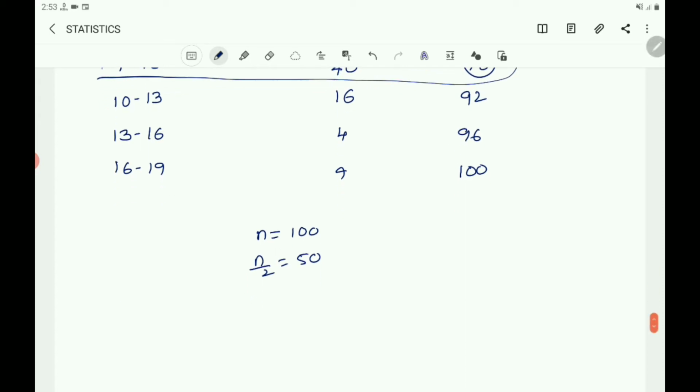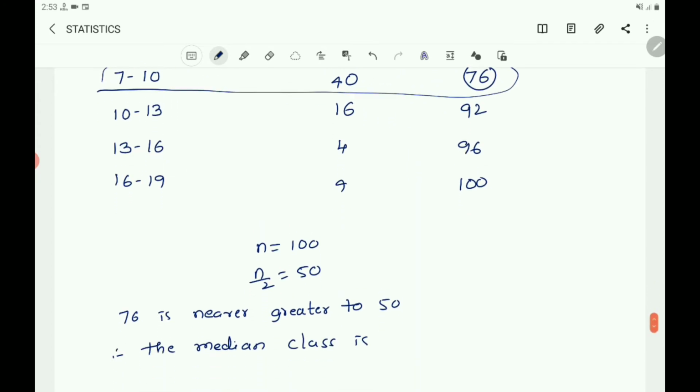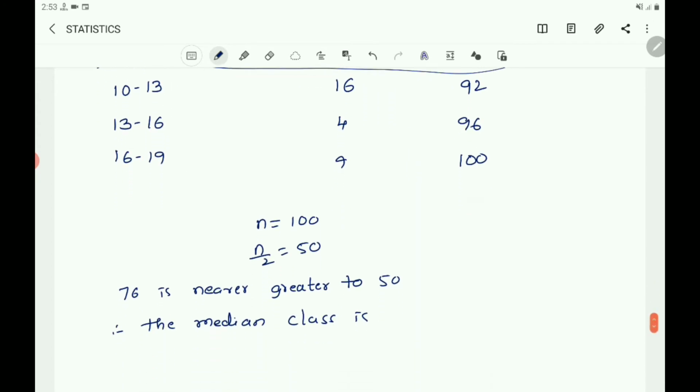So you take 76 is nearer greater to 50. Therefore the median class is 7 to 10.